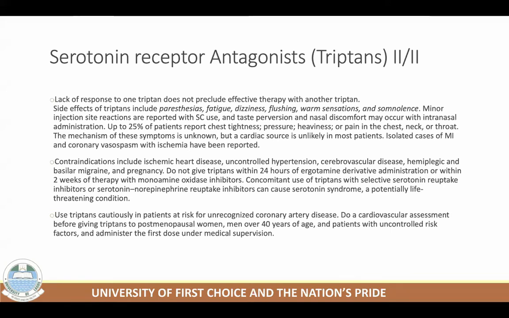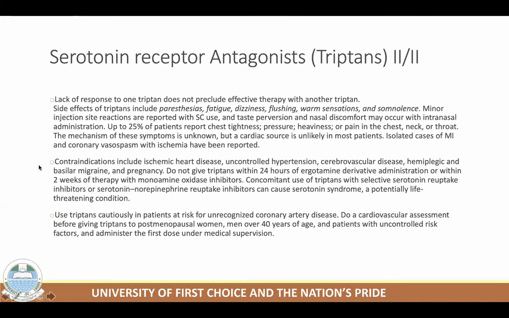Okay, for those patients, the mechanism that triggers this is unknown, but it's likely related to a cardiac source, and there can be isolated cases of myocardial infarction and coronary vasospasm with ischemia as well. So this is why it is thought that it may be related to a cardiac source, right?